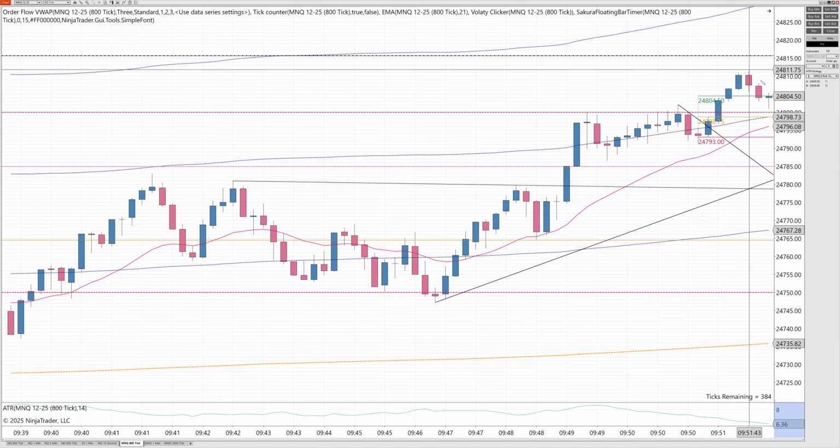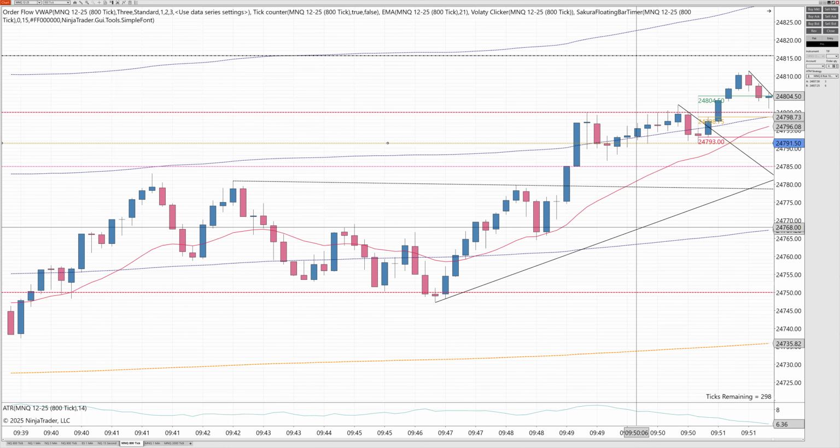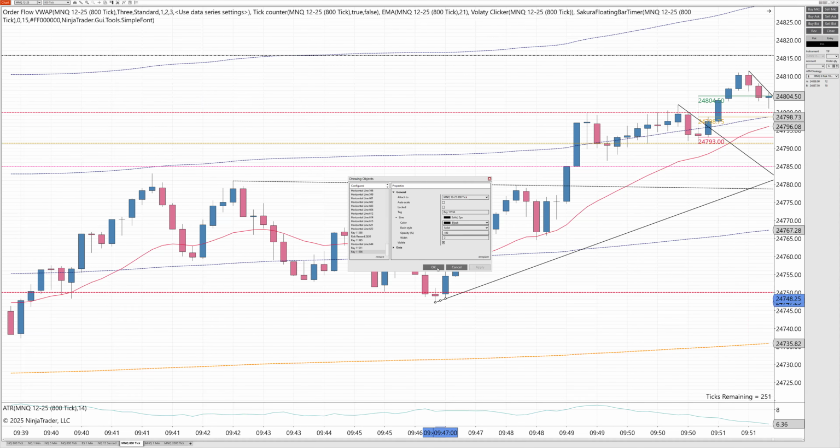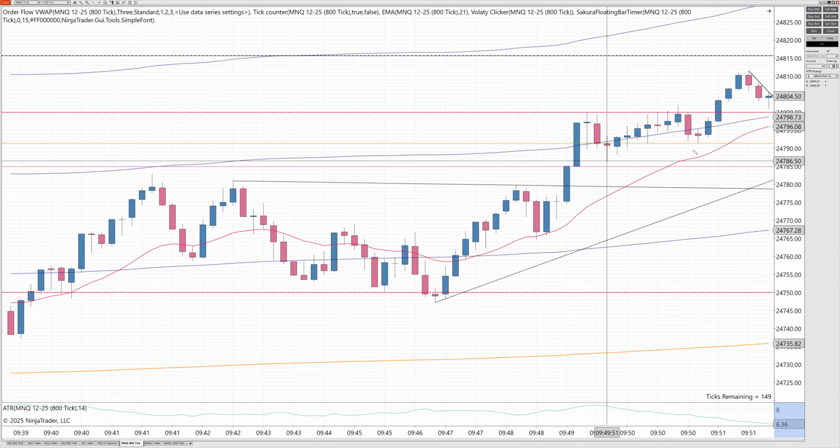So now we're going to bring back this golden ruler. We're going to draw this trend line here as so. And we're going to draw another trend line like this.